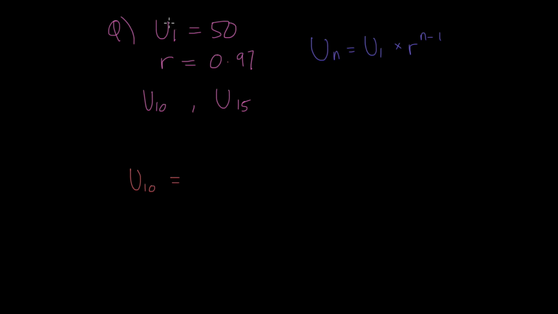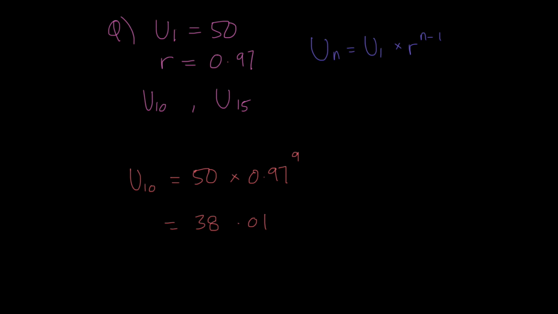So u sub 1 is 50, so 50 times r, which is 0.97, to the power of n minus 1. So n is 10, 10 minus 1 would be to the power of 9. And that gives me a value of 38.01. Okay, so this is the value of my u sub 10 term.